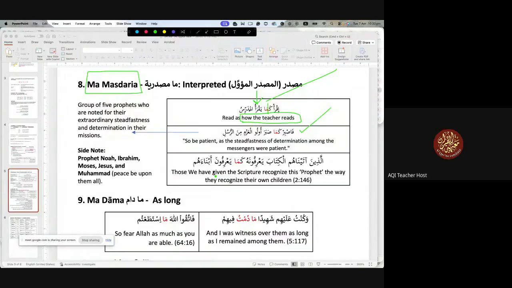Now this is not mudari. My Masdariya sabara may not have mudari in the same way. This is a slight exception. But look at the meaning, the idea: as the steadfastness of determination among the messengers. We have to be steadfast like them.